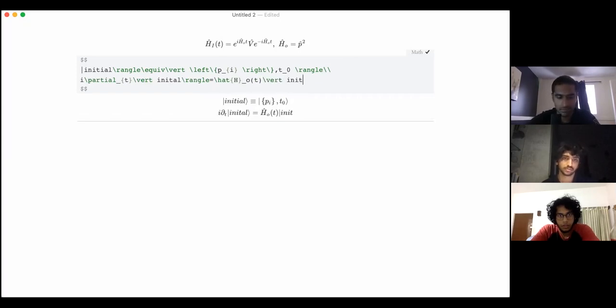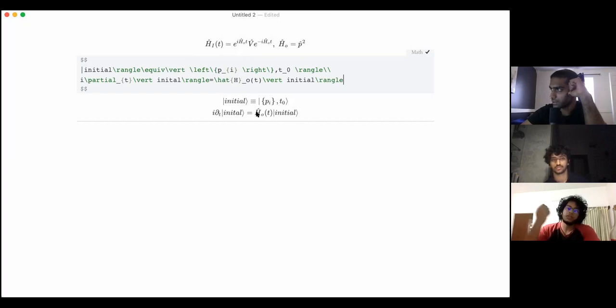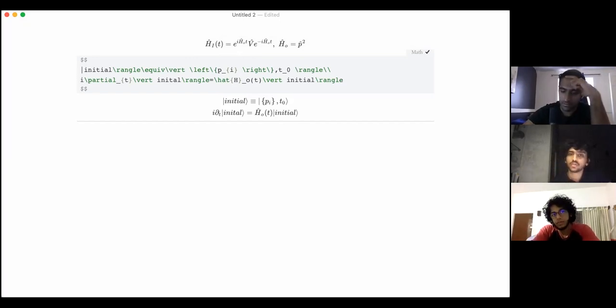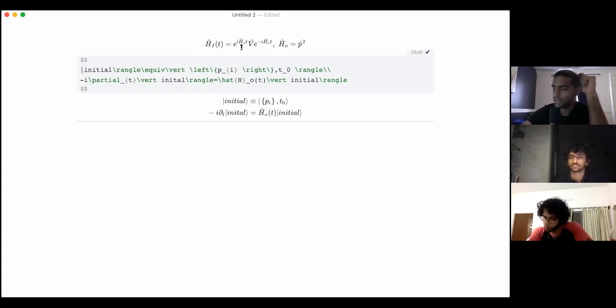And so what I want to do in thinking about scattering is evolve this initial state using this Hamiltonian. I think it's a minus, I don't know. Somebody help me with this, but fine. I evolve it with this Hamiltonian, and then I apply V, that's my interaction, and then I evolve back.